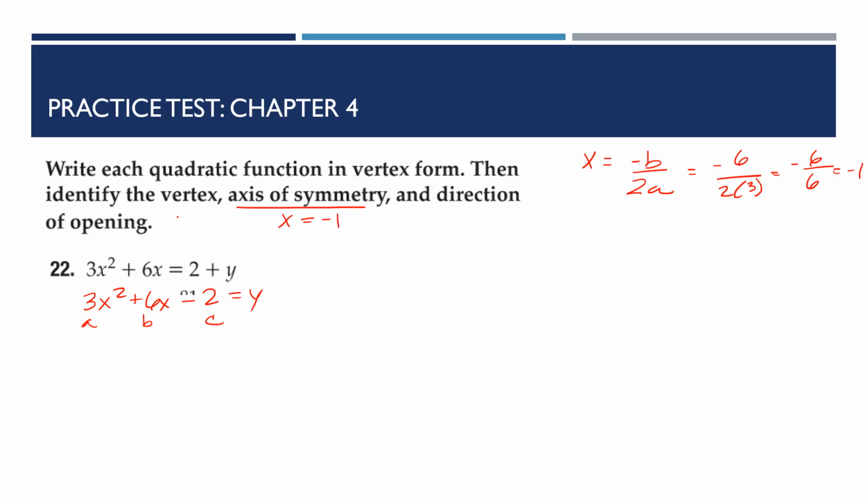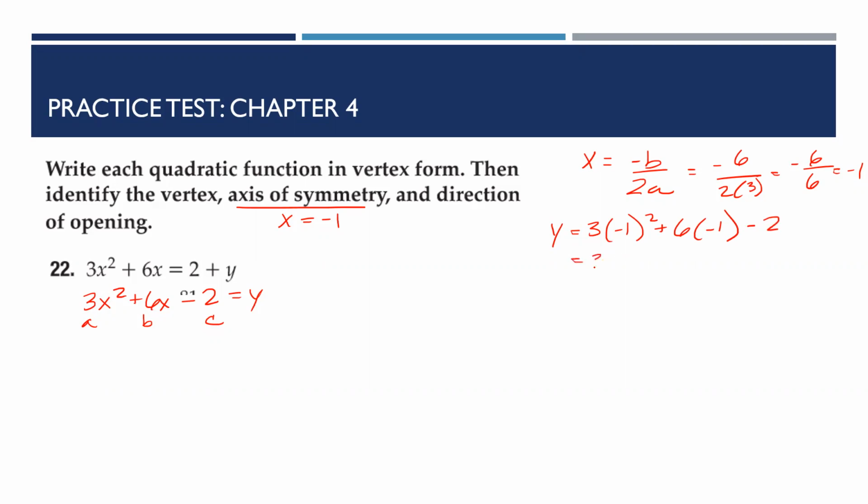And then the vertex, we need that information. So we plug the negative 1 into our equation here. So we have y equals 3 times negative 1 squared plus 6 times negative 1 minus 2.